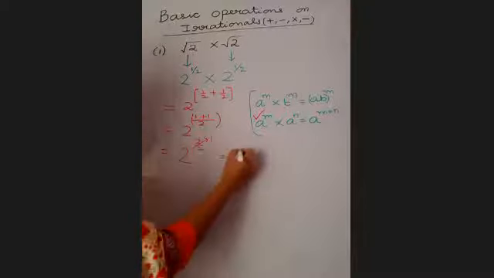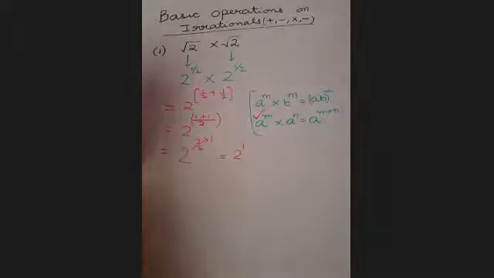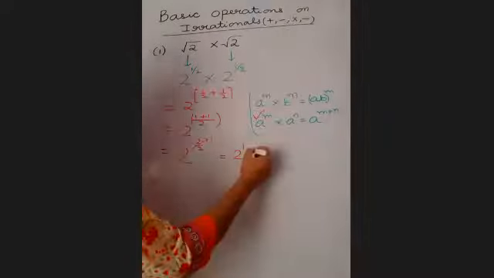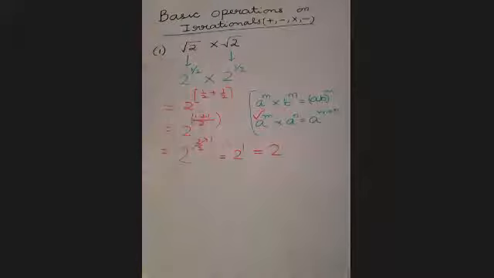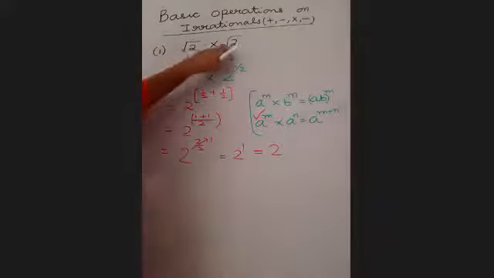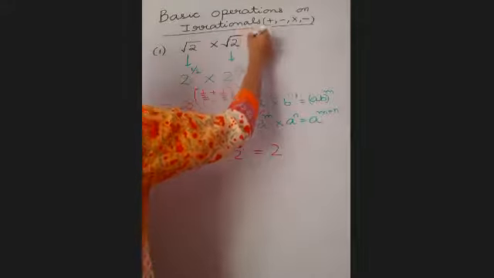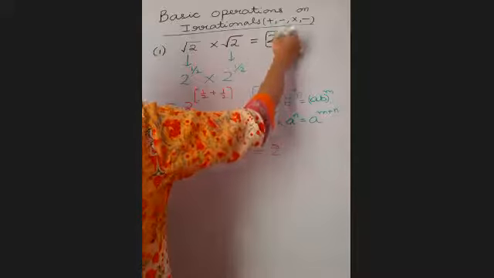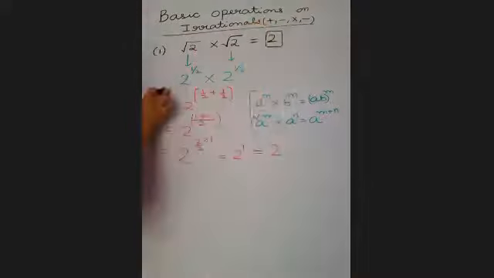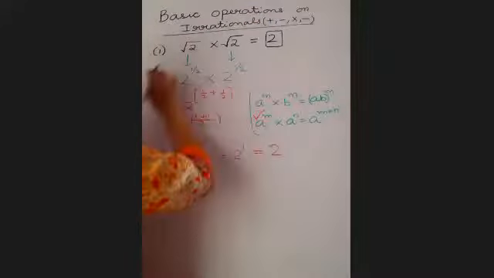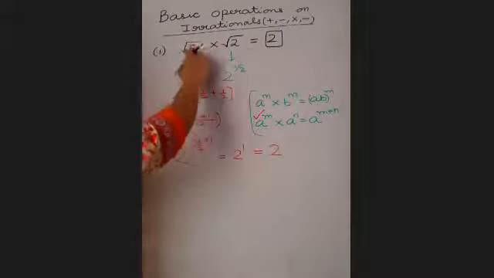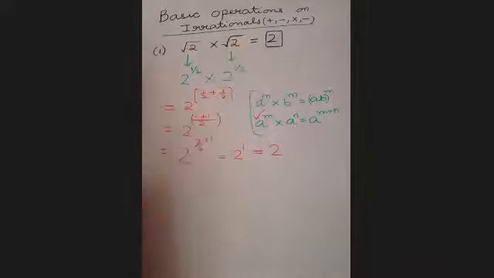So 2 raised to the power 1. And what does 2 raised to the power 1 mean? 2 only. So what do you get, children? Root 2 into root 2 is equal to 2. You don't have to explain all this. This was just for your understanding. We must know that root 2 into root 2 is 2.